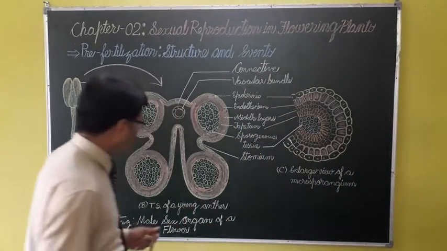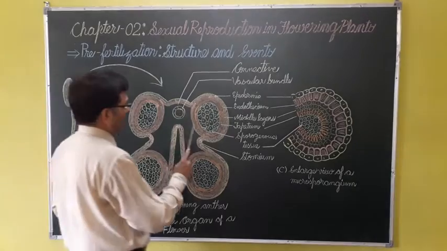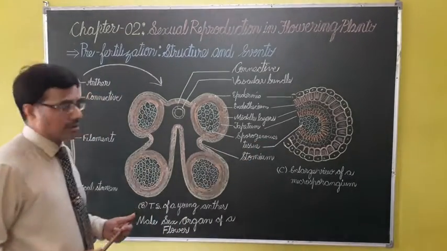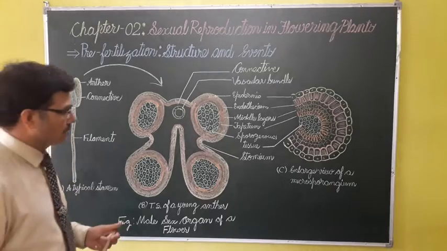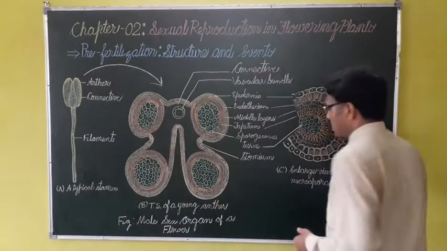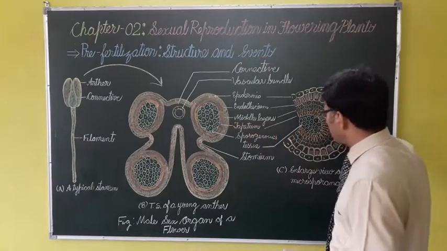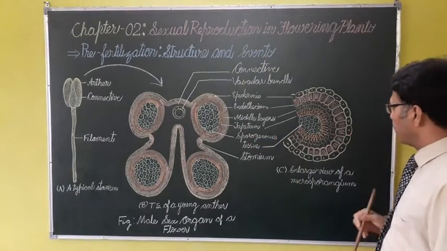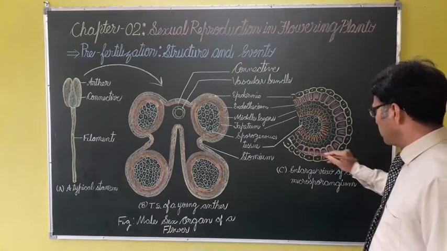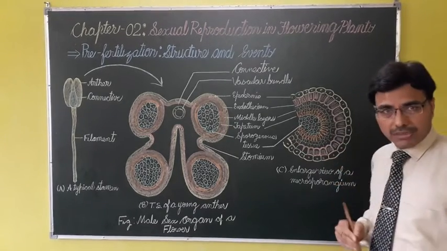Now this is a detailed structure of a microsporangium. This is a cellular diagram, the earlier one is an outline. Here you are observing the outermost layer of the microsporangium.